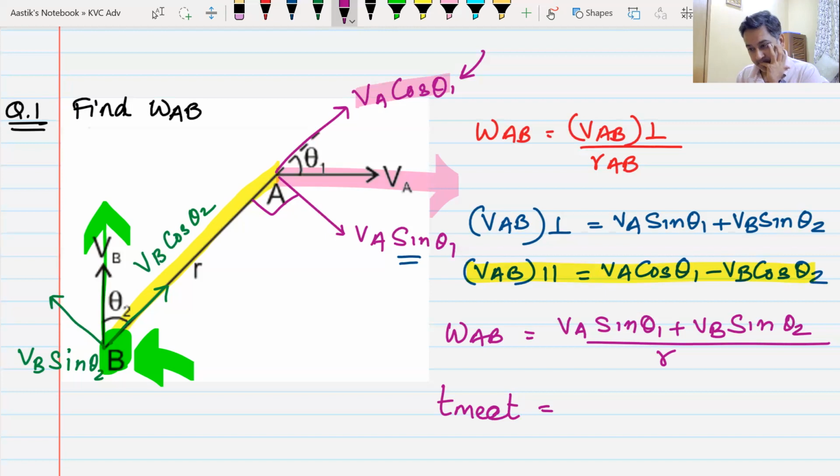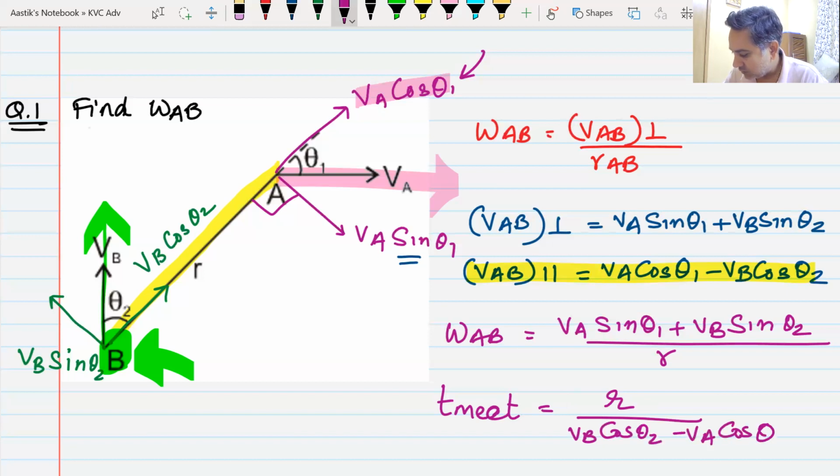When will they meet? And they will meet at time equal to R, the distance between them, divided by VB cos theta 2 minus VA cos theta 1.